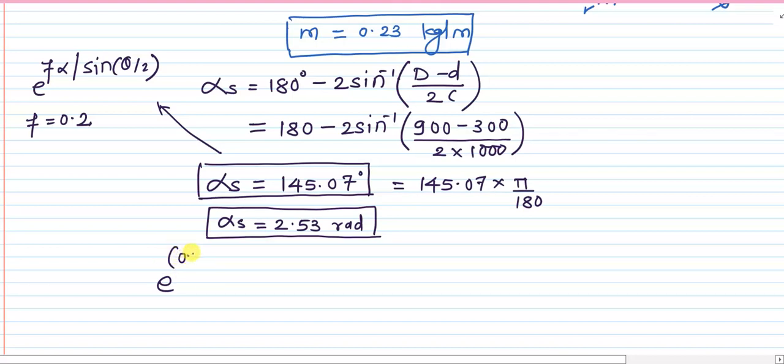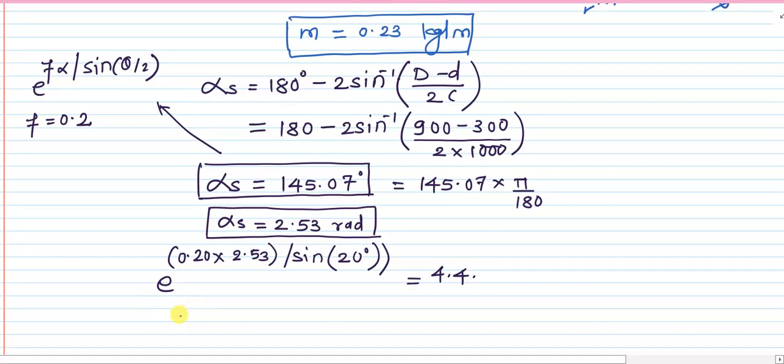So exponential of f alpha, 2.53 entire term, divided by sine of theta by 2, so that will become sine of 20 degrees. This entire term you can put in the calculator, and it comes out to be 4.4. So ultimately you have the right hand side of the equation as well.